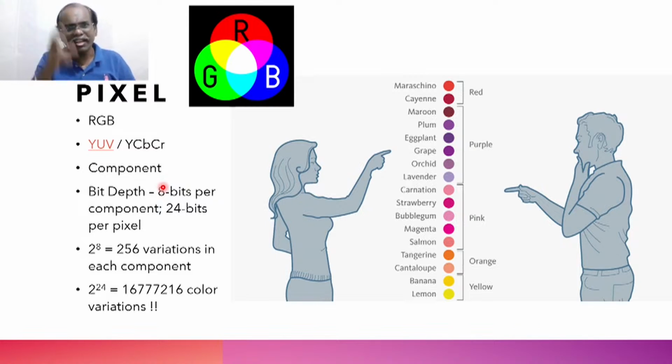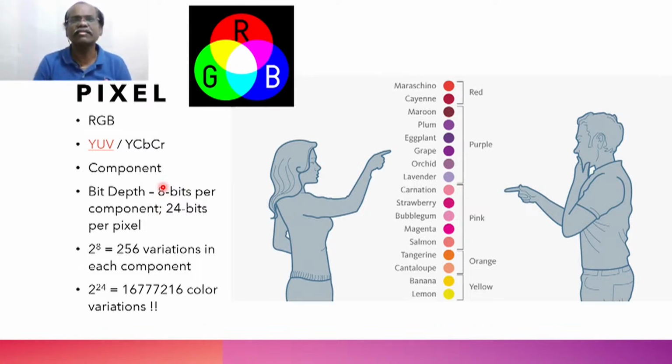You take any component, it's 8-bit, which means 2 power 8 variations of Y, 2 power 8 variations of U, 2 power 8 variations of V. If I put together, how many variations? 2 power 24 variations. That means 16,777,216 color variations in 1 pixel. That many colors are possible in 1 pixel.